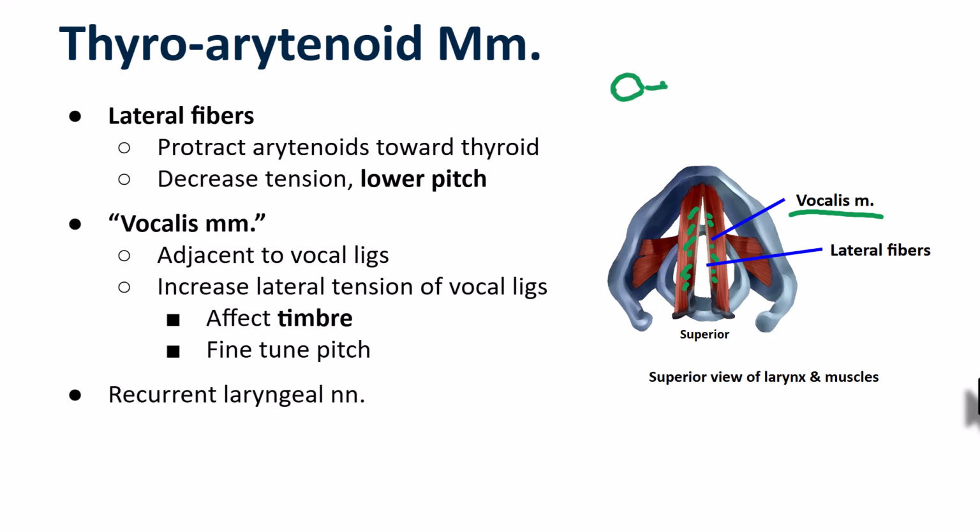But if we start tugging on it, it flattens the vocal ligament out, like so. What this does is that it affects timbre, or the tonal quality of sound and phonation. It also has the ability of fine-tuning pitch, either up or down. And yes, much like everything but the cricothyroid muscles, the thyroarytenoid muscles are innervated by the recurrent laryngeal nerves.